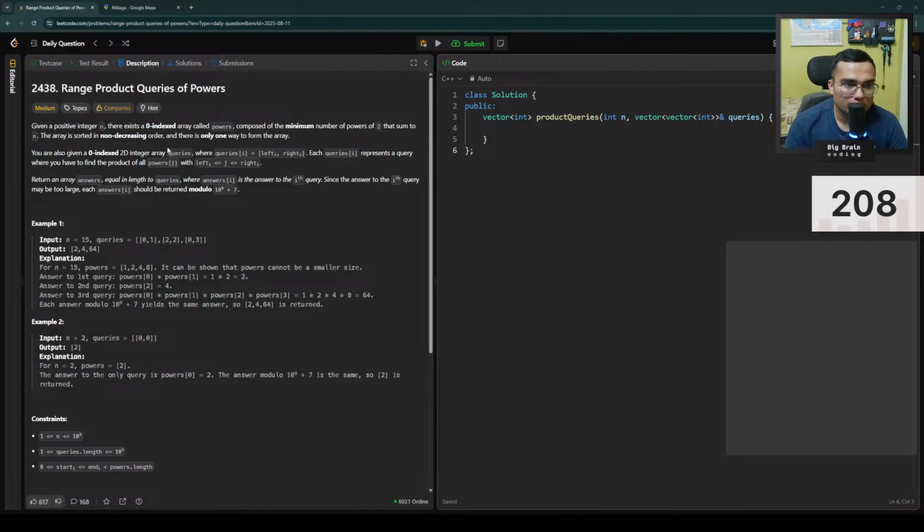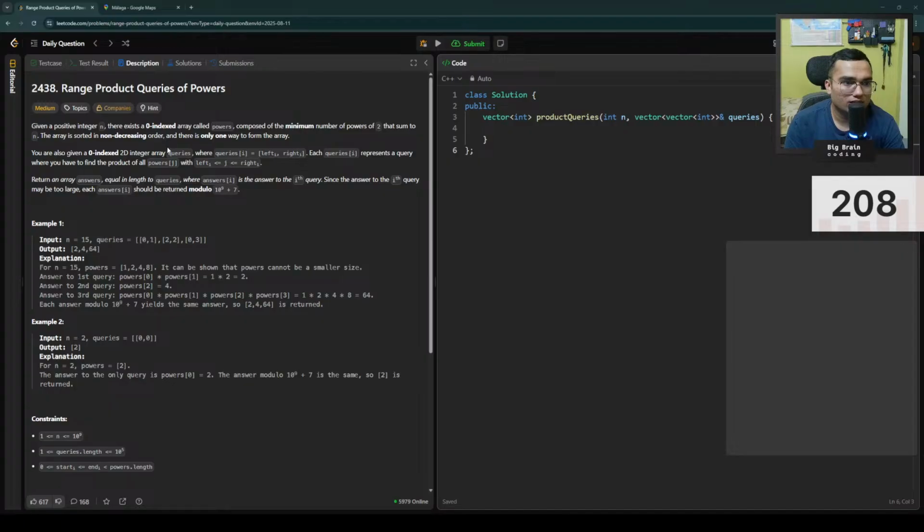You're also given a 0 indexed 2D integer array queries, where queries[i] = [left_i, right_i]. Each queries[i] represents a query where you have to find the product of all powers[j] with left_i <= j <= right_i. Return an array answers equal in length to queries where answers[i] is the answer to the ith query. Since the answer to the ith query may be too large, each answer should be returned modulo 10^9 + 7. Okay.